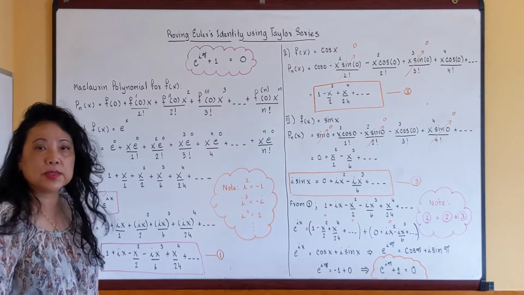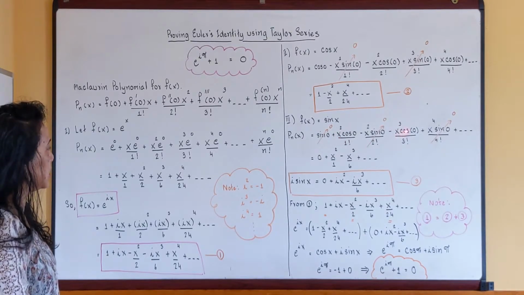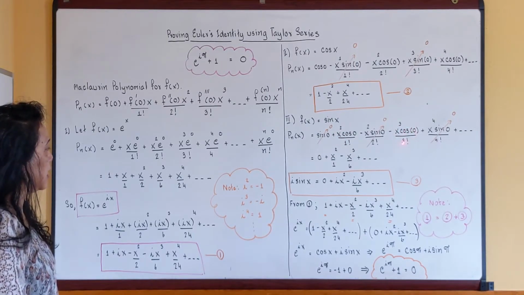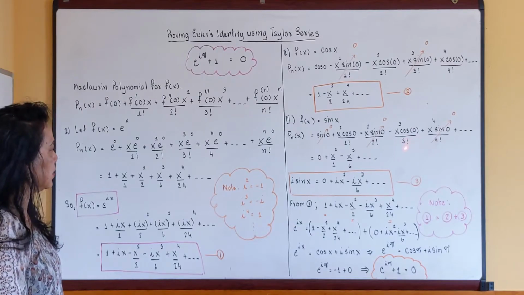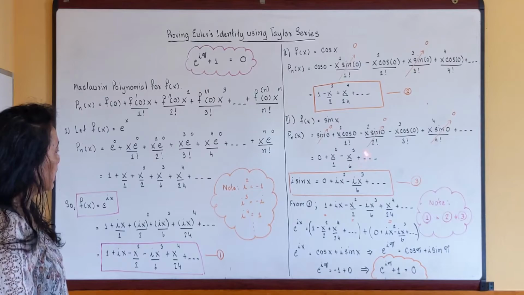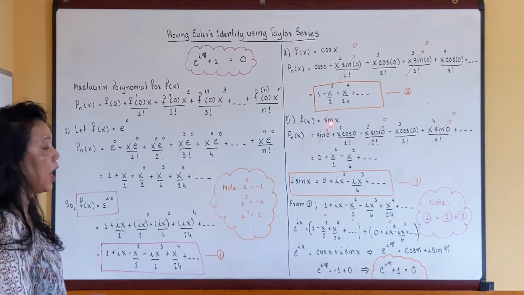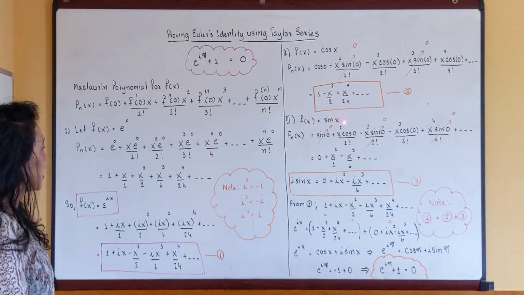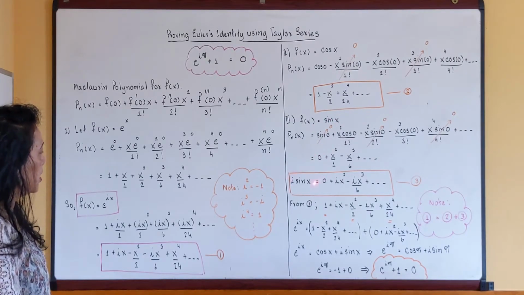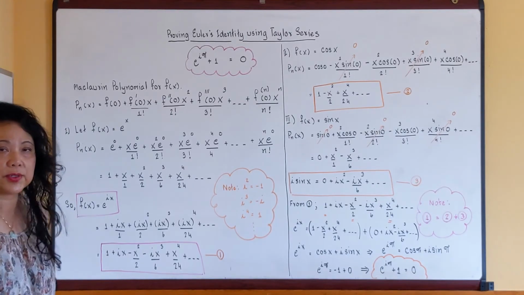Cosine of 0 is 1, so I will have x squared for this term and x cubed for this term. I simplify my 3 factorial, simplify all this, and then I multiply this function by i. I multiply sine of x, which is this, by i, and then I get this. Let's call this the third equation.